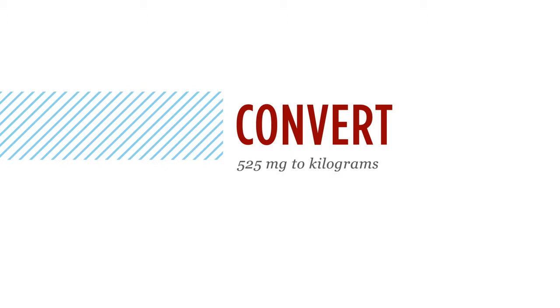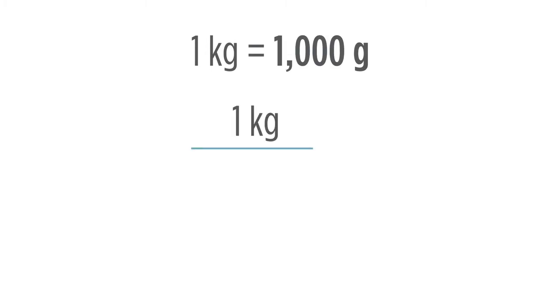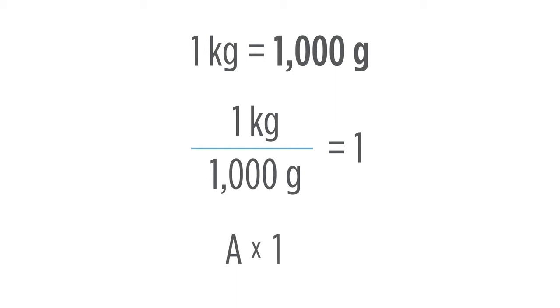Now, if we think about the mathematics that's going into this, we need to think about the fact that 1 kilogram is equal to 1,000 grams. If we divided 1 kilogram by 1,000 grams, because they're equal, that quantity would be 1. We also should remember that if we take any quantity and multiply by 1, we'll get the same value.